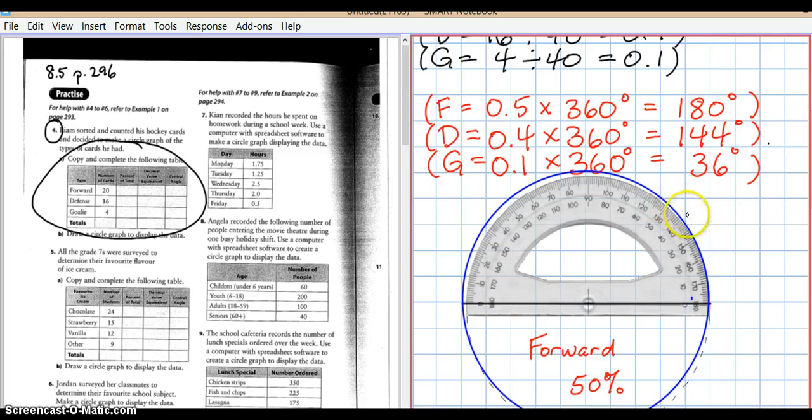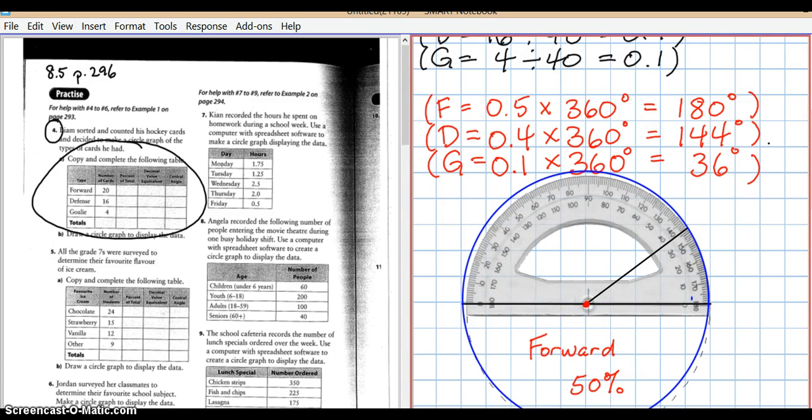We take our protractor and measure where 144 degrees is, and that's approximately here, and we make our mark here. That is 144 degrees. And we're just going to mark our center vertex.